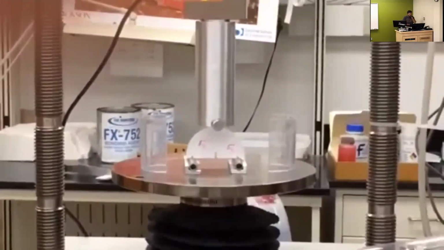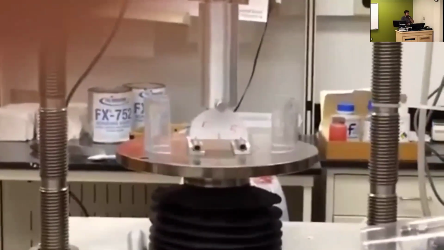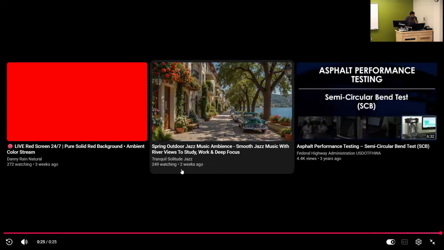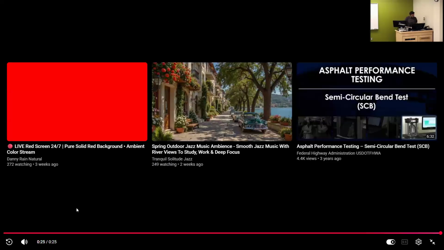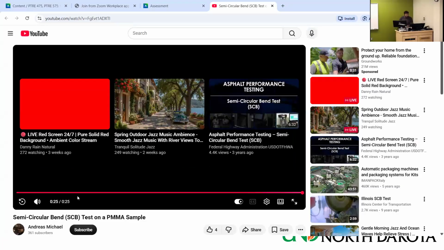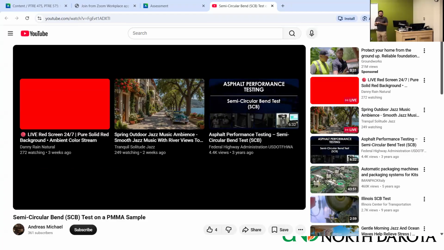You see the plate moves up, you don't see it, and then eventually it will pop. There you go. Still scary. But ultimately, this is what happens. The plate moves up, applies stress on the sample, and eventually it cracks.